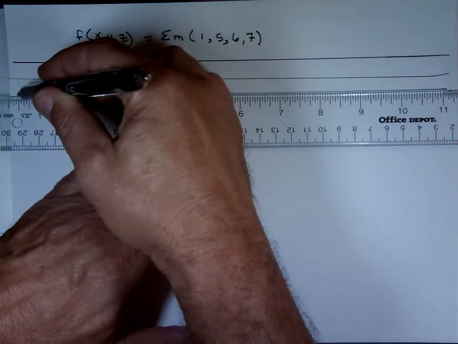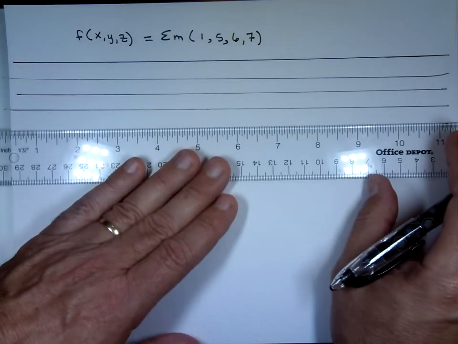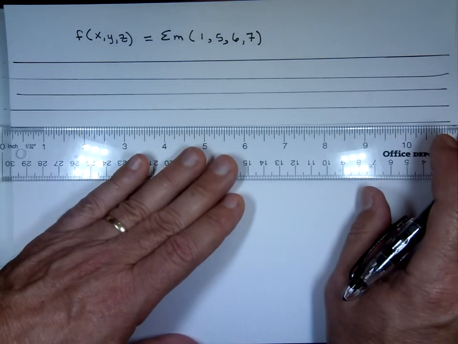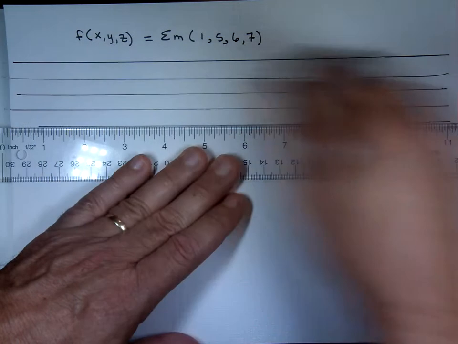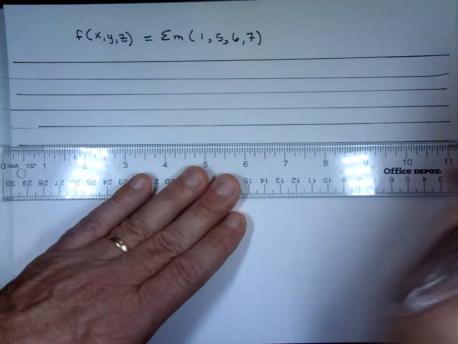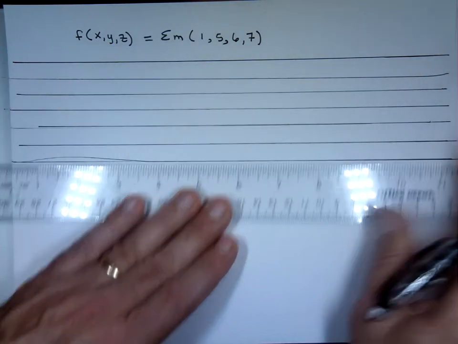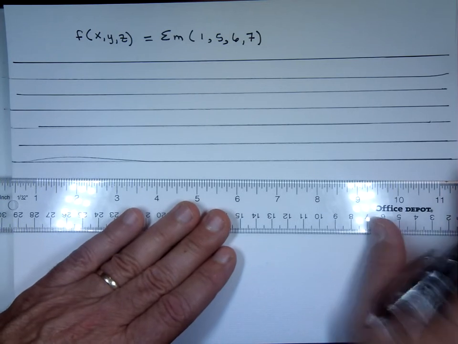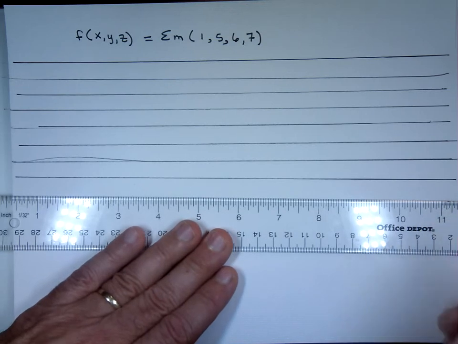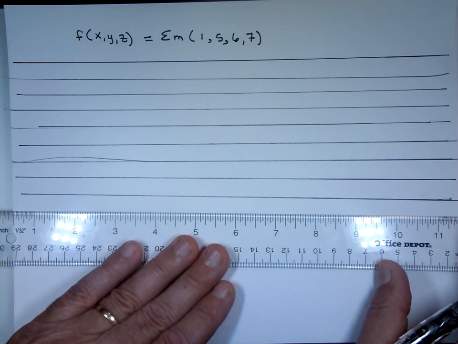This is 1, 2, 3, 4, 5, 6, 7. Makes it easy on the eyes when you have the lines. 8.